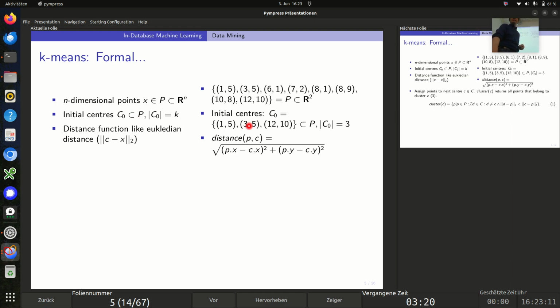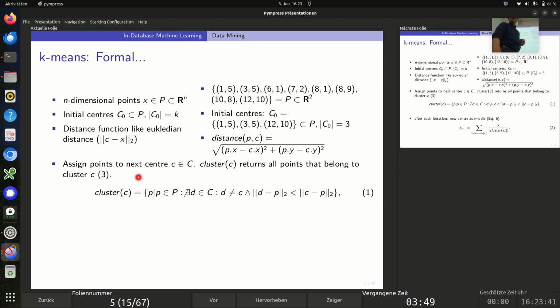So here our initial centers are a subset of the set of all points. And then for distance we can use, for example, Euclidean distance. So this is just the square root of a squared plus b squared. So here we see a squared plus b squared, and then we take the square root. So this is the distance function we use here. This is called Euclidean distance.